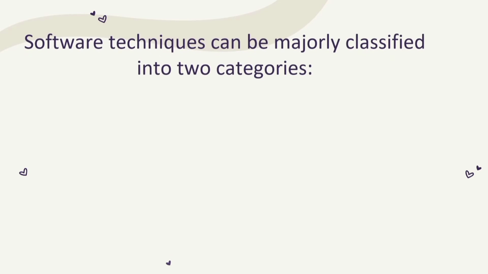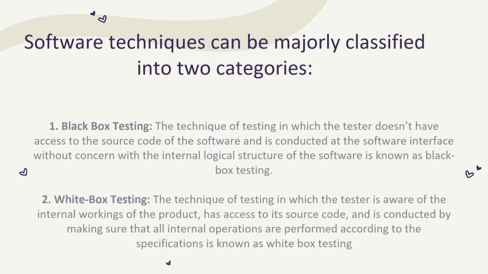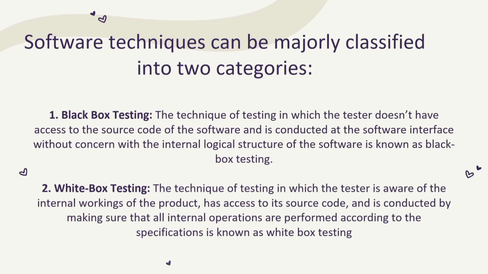Software testing techniques can be majorly classified into two categories: black box testing and white box testing. Black box testing is the technique of testing in which the tester doesn't have access to the source code of the software and is conducted at the software interface without concern for the internal logical structure of the software.